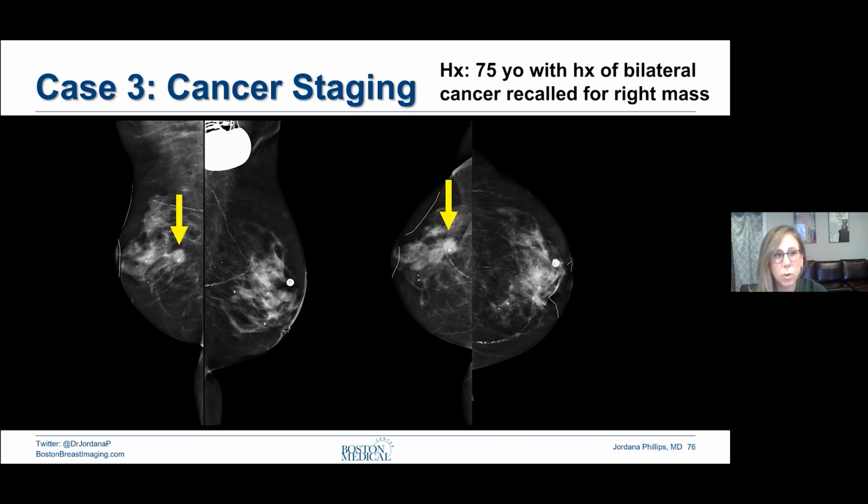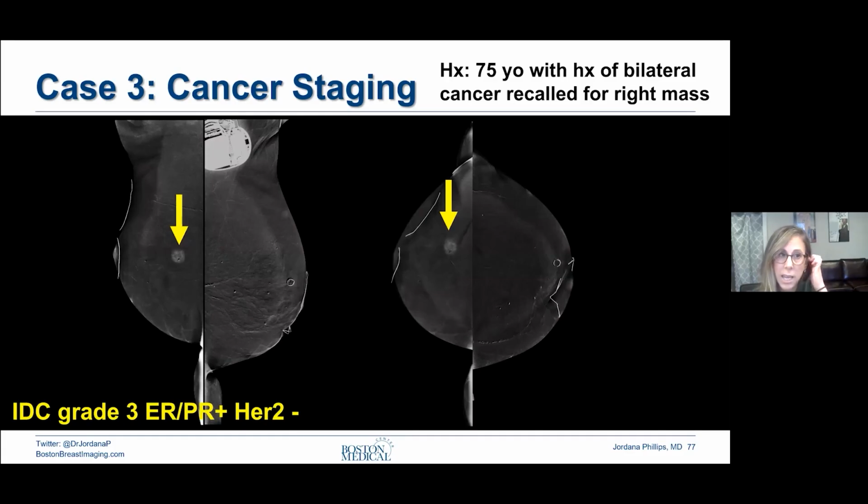It can be difficult to figure out what is just related to the surgery and what is new that we need to worry about and remove or treat. What the recombined images did for us is they just showed us where the cancer was. And all of those other areas of distortion related to the post-surgical changes just disappear. This was a grade 3 hormone receptor positive cancer.